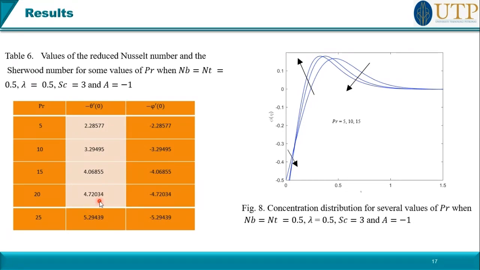This is due to decreasing fluid thermal conductivity as the Prandtl number increases.